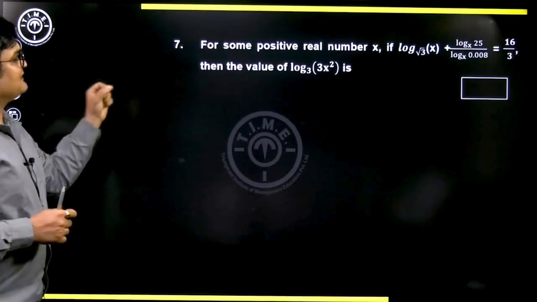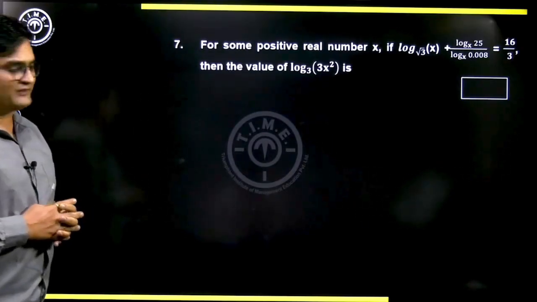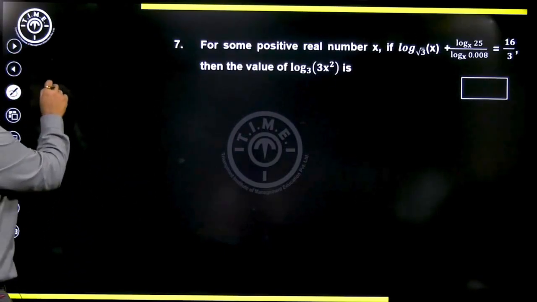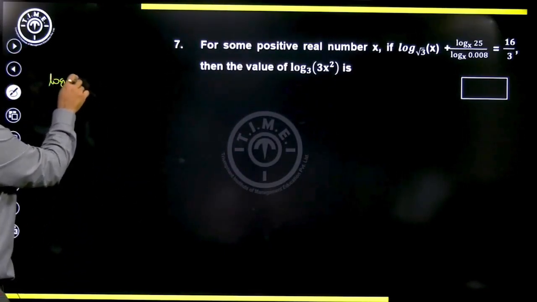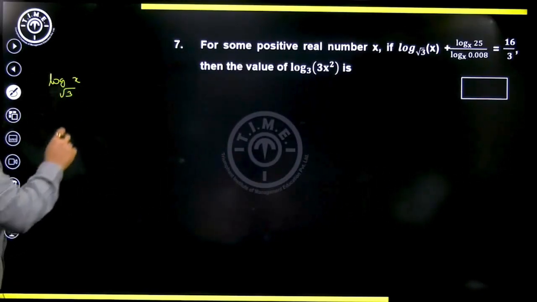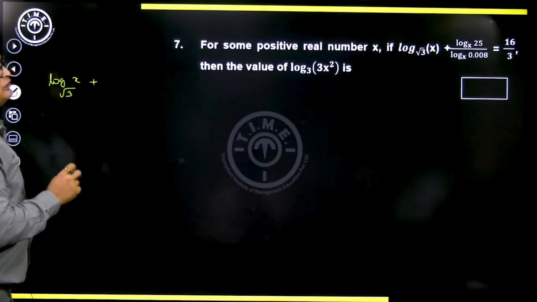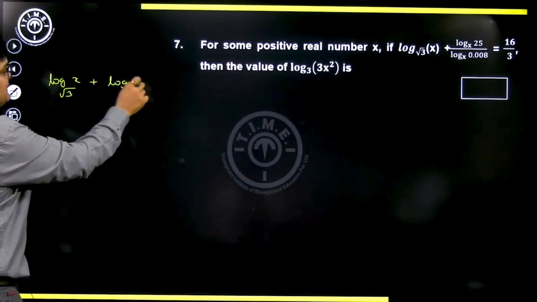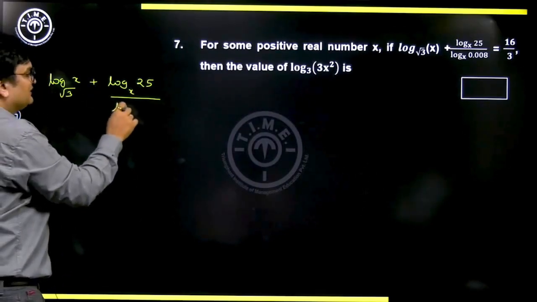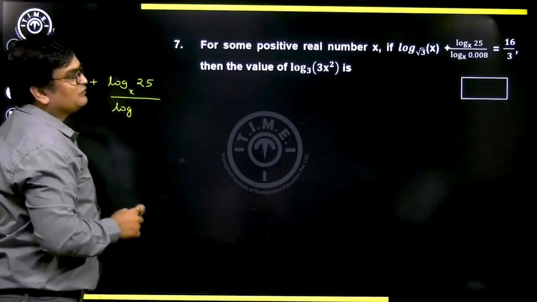It says, for some positive real number x, if log of x to root 3 to the base root 3, plus log 25 to base x, by log 0.008 to base x, is equal to 16 by 3.